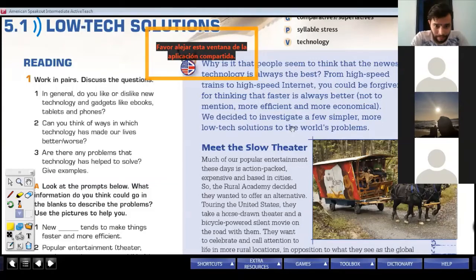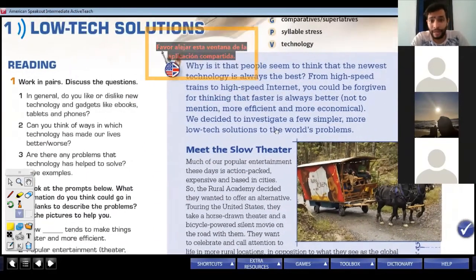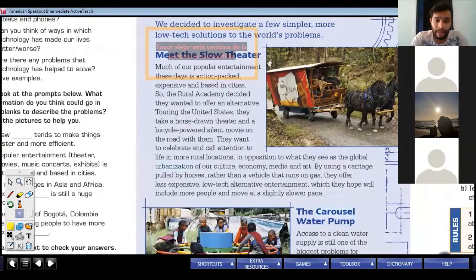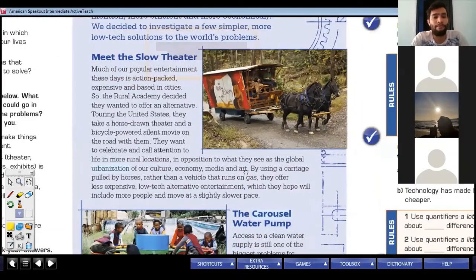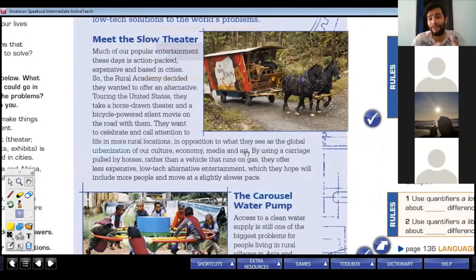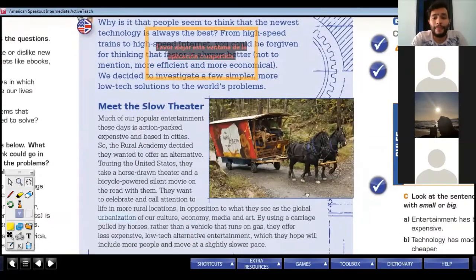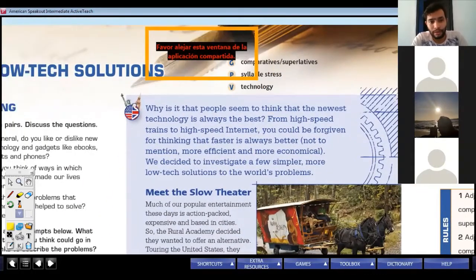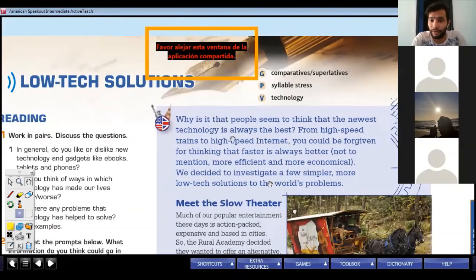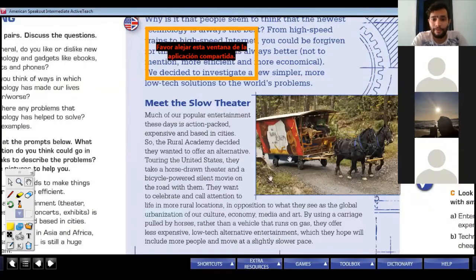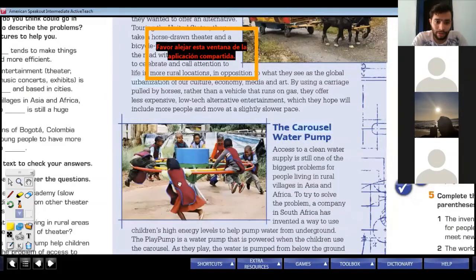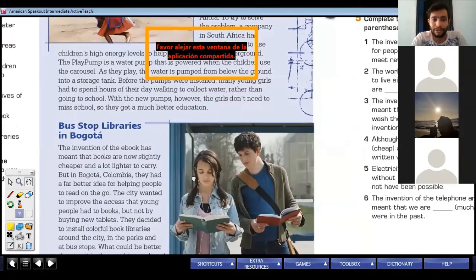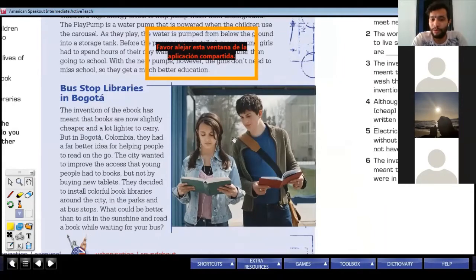So people, let's continue here. For this now, we're going to read this. You can read it from your books or from your screens because you are seeing it right here, right? So this is an article called Low Tech Solutions. Here we have picture 1, 2, and 3. In picture number 3, we have two people reading physical books.